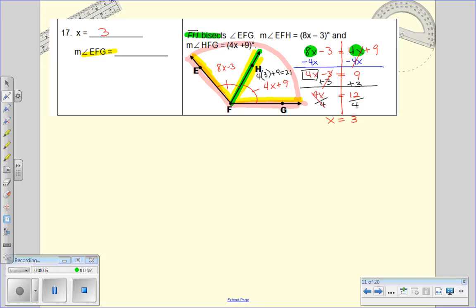If I was to do it to the 8x minus 3, we have 8 times 3 is 24, minus 3 gives you 21, which makes sense since it's bisected, they should be equal to each other. So the entire angle is 21 plus 21, which is 42.